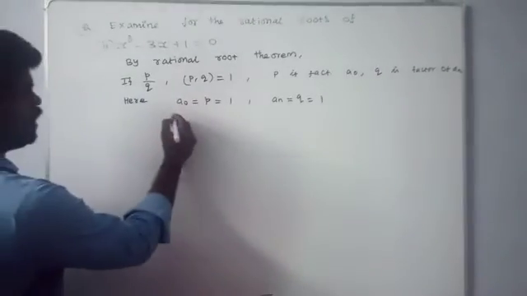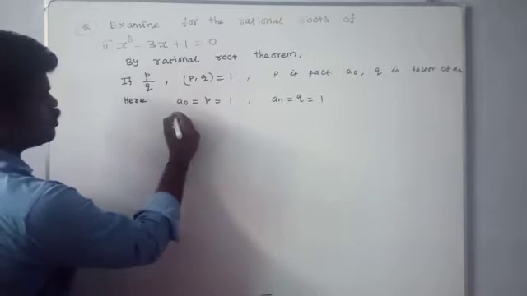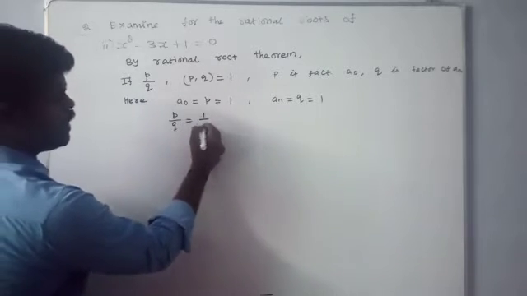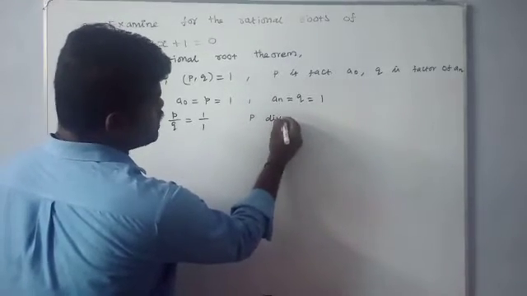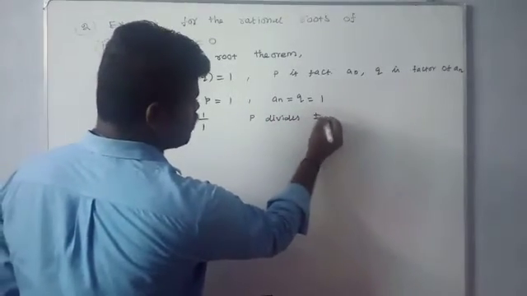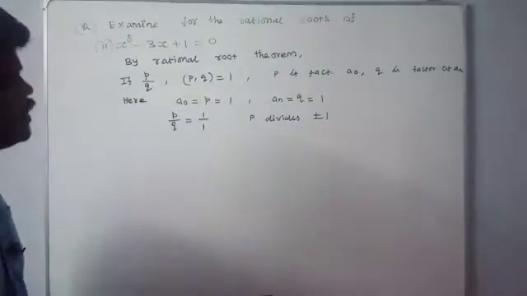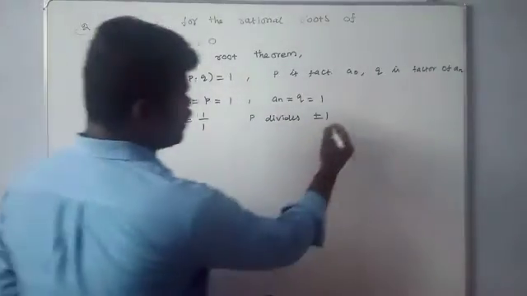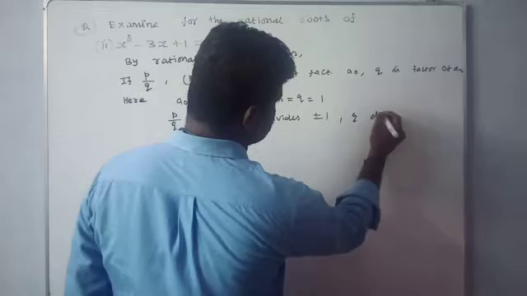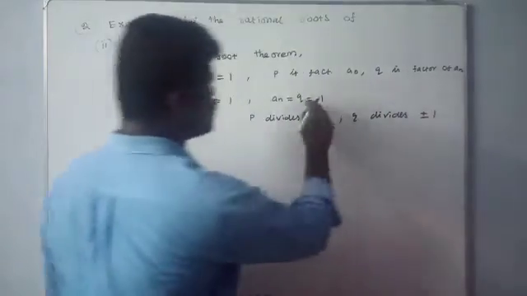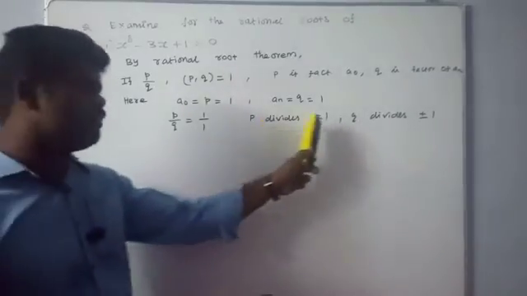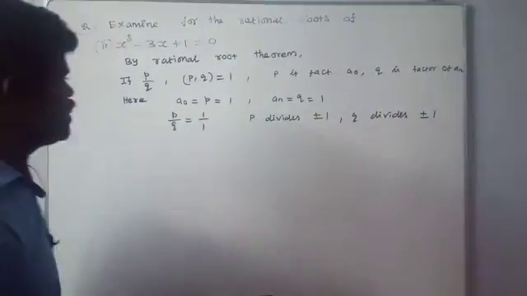Now we want to divide p by q, that is 1 by 1. Here p divides plus or minus 1. Already you know from the rational root theorem that q divides plus or minus 1 also. So p must divide plus or minus 1 and q must divide plus or minus 1.